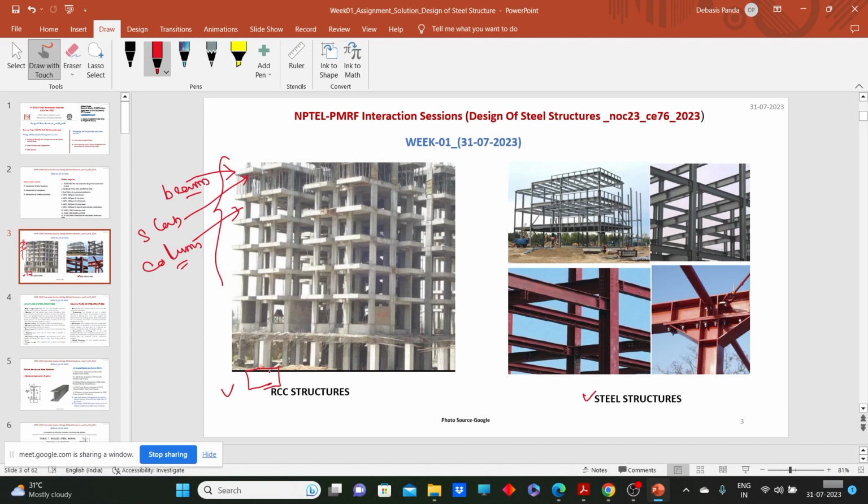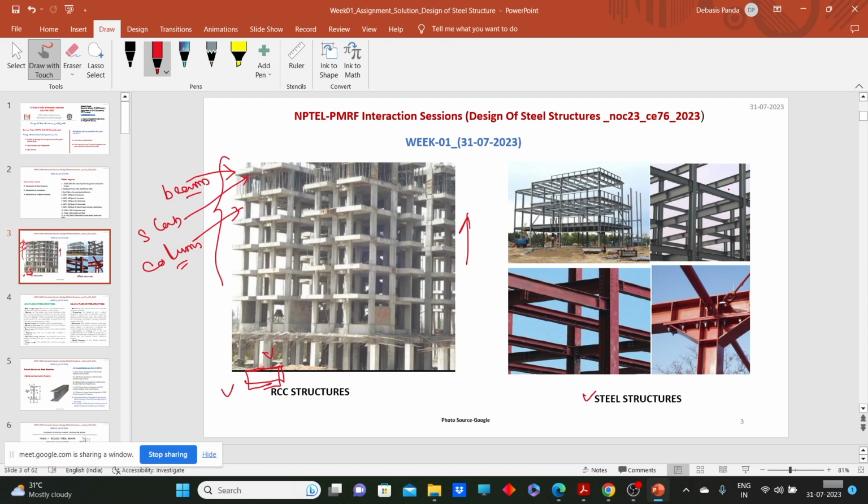Now, as an execution engineer or site engineer, what does he or she have to do? He or she has to construct from the bottom: first the foundation, then cure, then the column, and successively the stories. Now let's find out what happens in the case of a steel structure.